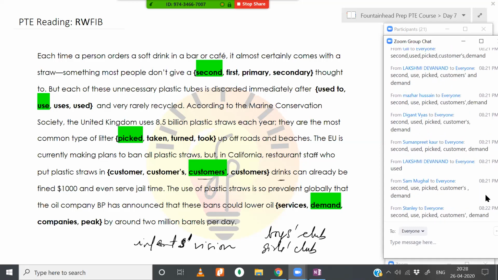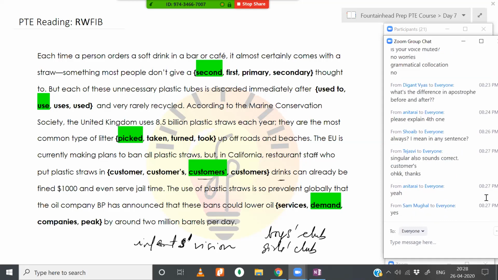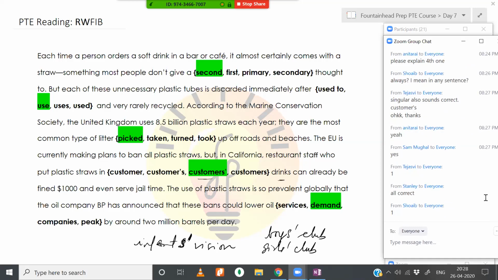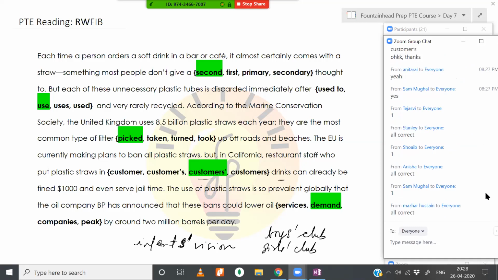So how many are incorrect? Count the number of mistakes. Oh, good job, Stanley. Anisha, good job. Only 3 mistakes. So out of 5 blanks, if you're getting 3 mistakes, then that's not good.